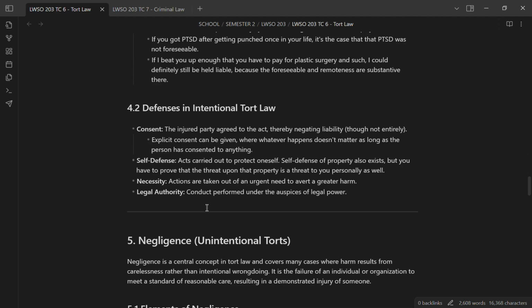Defenses in intentional tort law. Don't abuse these. Just saying. Defense is consent. That's a big defense. If the injured party agreed to the act, they are negating liability upon the person that would be held liable, but they're not negating it entirely, just somewhat.